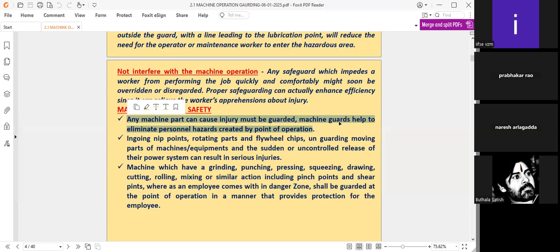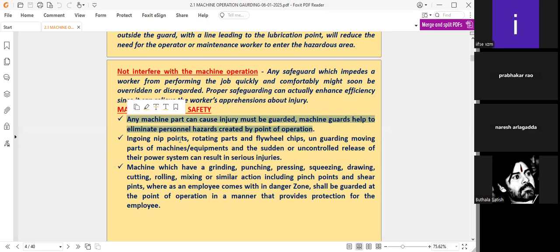Machine guards help to eliminate not only personal hazards created by the point of operation, but also property damage to the organization will be saved. Therefore, guard safety is very, very important.